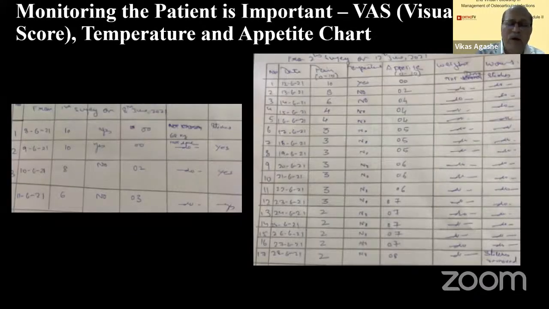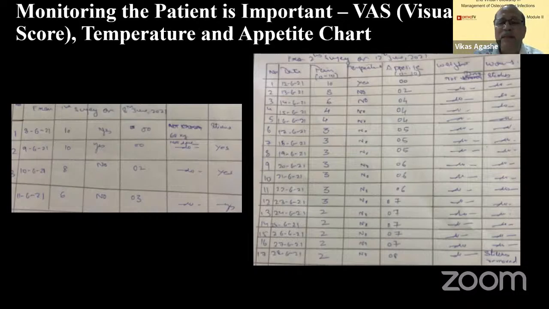It is quite important to monitor patients well and take help of the patient himself or herself in management of this. So we very often give this chart to the patient as regards pain or VAS score of the patient, then whether they have appropriate appetite, their weight, and in case they find that the wound is a problem. But most important is pain.